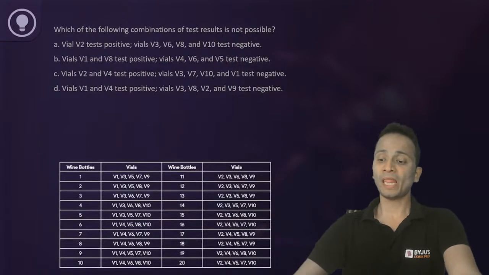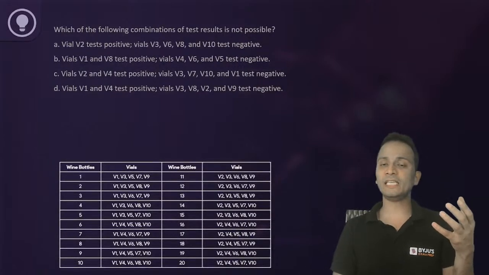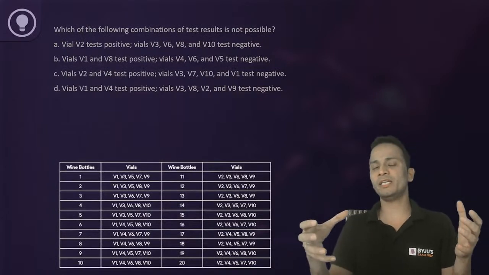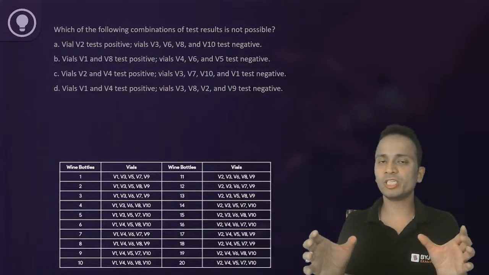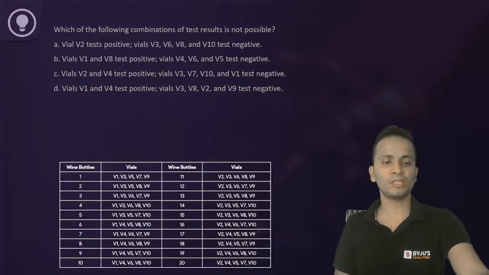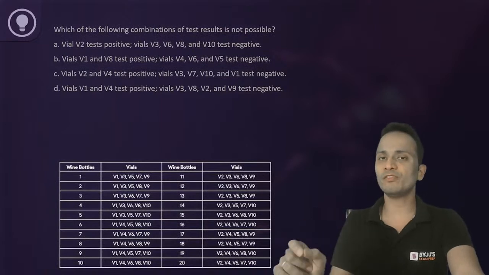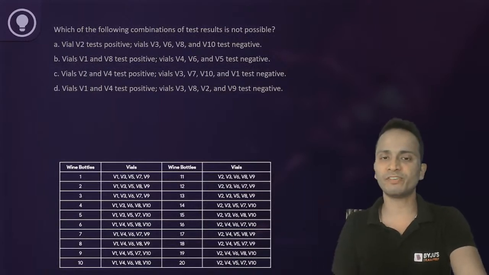Yes, Lakshmi. If a bottle containing poison is mixed with another bottle containing no poison, okay, if they are mixed, then now poison is present in both the bottles. So the sample will go in any of the vials, all of them will show positive test result.